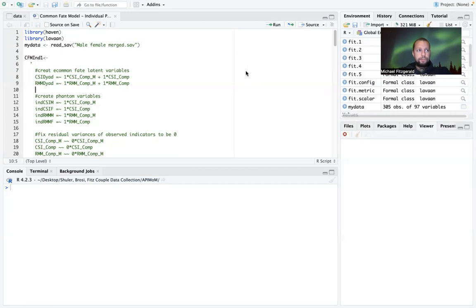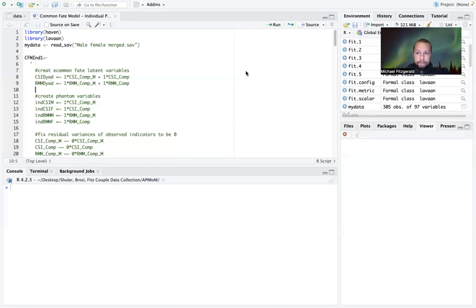But oftentimes, we will have loadings just above 0.70, which would indicate that roughly 50% of the variance is modeled at the dyadic level, which means there's also 50% of the variance that is not explained at the dyadic level, and there's individual variability.